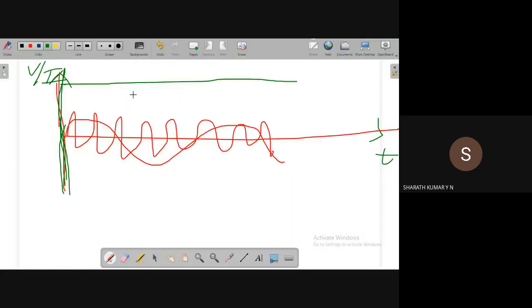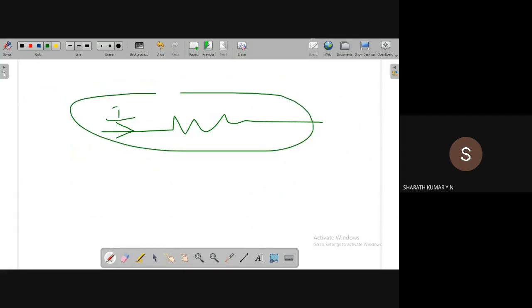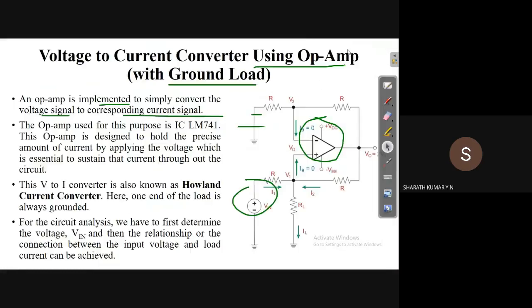If it is a resistor, there will be losses in the resistor, whereas if you separate this network using an op amp, the op amp provides isolation. Whenever there is isolation, there is less loading effect on the source. That is the advantage of using operational amplifiers.